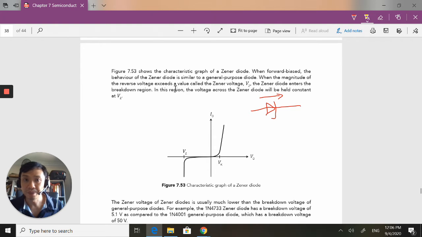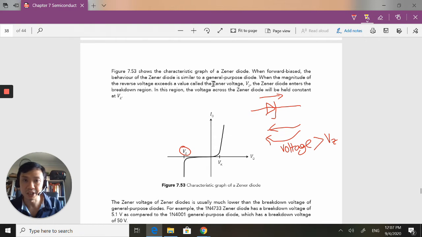Now, when I reverse bias it, and the potential difference across it, the voltage across it, is greater than this fella here, VZ. And what is VZ?